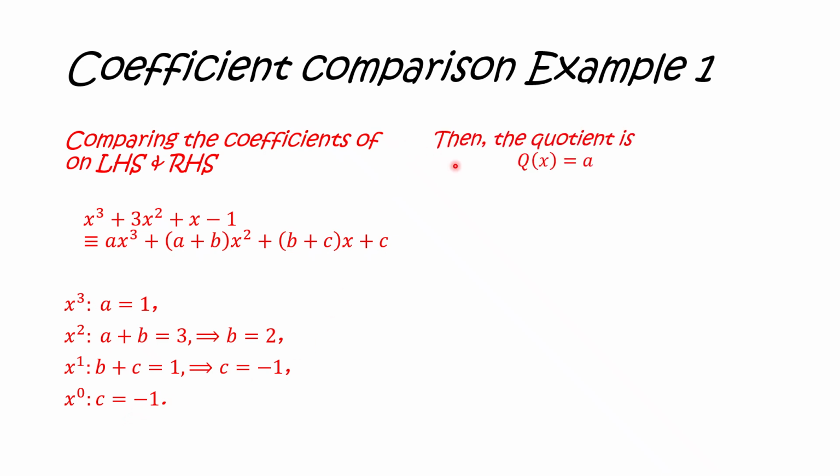Right. What it means then is that we can now substitute for the a, b, c in the quotient so that we get our answer: q of x is equal to x squared plus 2x minus 1 as our solution.